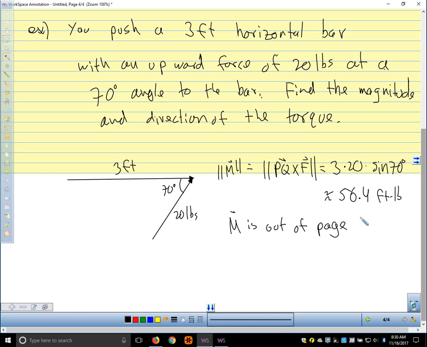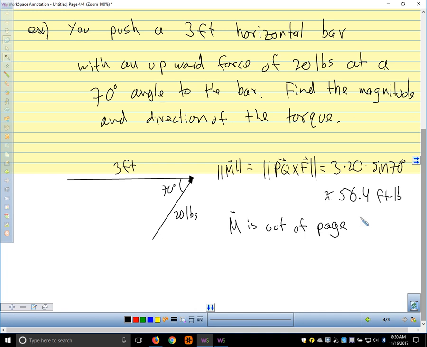I think of my fingers being in the direction of PQ, and F coming out of my palm. So here's PQ and here's F. When I cross PQ onto F, my thumb's coming out of the page. But if F were going the other way, I'd have to cross PQ onto it that way, and my thumb would be going into the page.